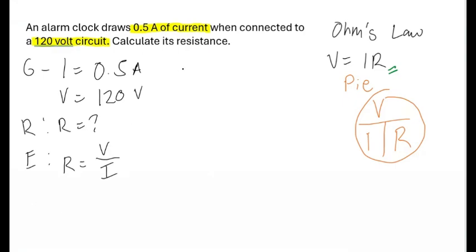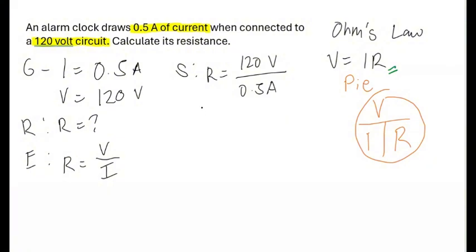Now, solution. Replacing the voltage and the current, resistance equals 120 volts over 0.5 ampere.